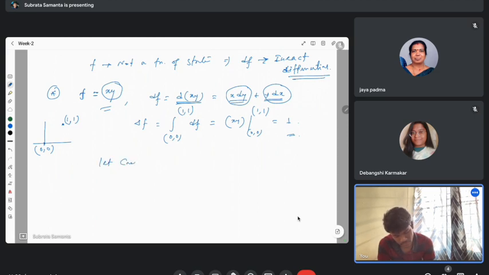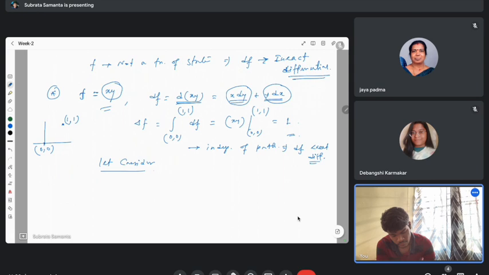The claim for f is that it is independent of path, which means that df is an exact differential.